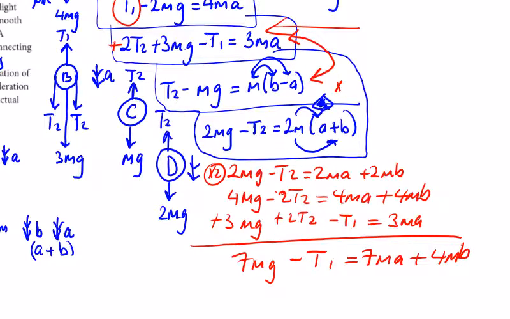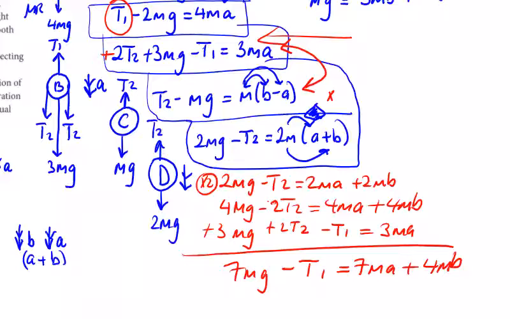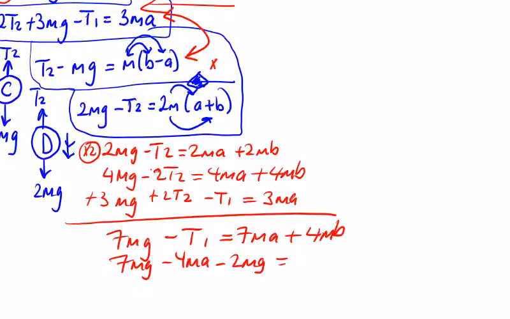And we said we could write T1 in terms of something. T1 is equal to 4ma plus 2mg. So 7mg minus 4ma minus 2mg is equal to 7ma plus 4mB.